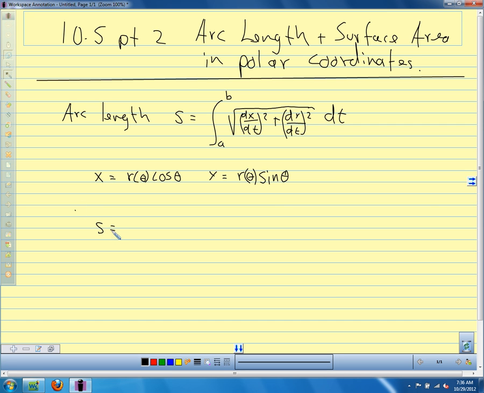S equals the integral from alpha to beta of the square root of r squared, and let me put theta in there to make it explicit that it's a function of theta, r squared of theta plus r prime of theta squared d theta.